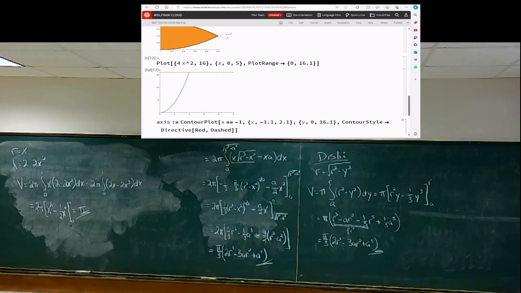I'll do what I did last time. I'll set the axis to be red and dashed. So that's ContourStyle, and Directive. I don't actually need the Directive. I could actually just put red dashed in braces.